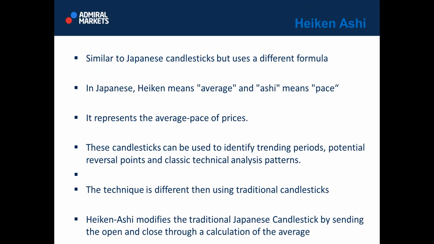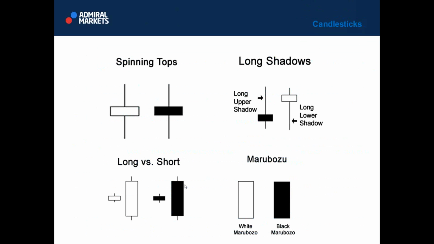The technique in Heiken-Ashi charting is quite different from using traditional candlesticks. Heiken-Ashi modifies the traditional Japanese candlestick by sending the open and close through a calculation of the average. So that is the main information about Heiken-Ashi candlesticks.